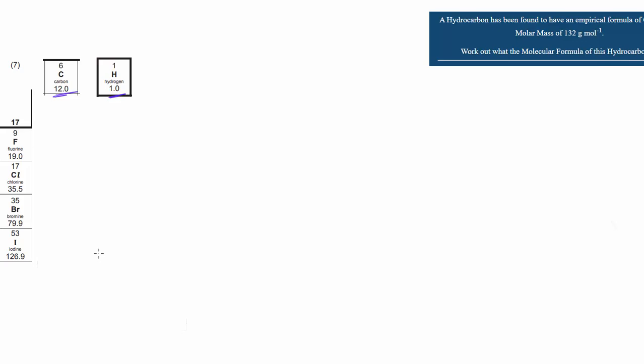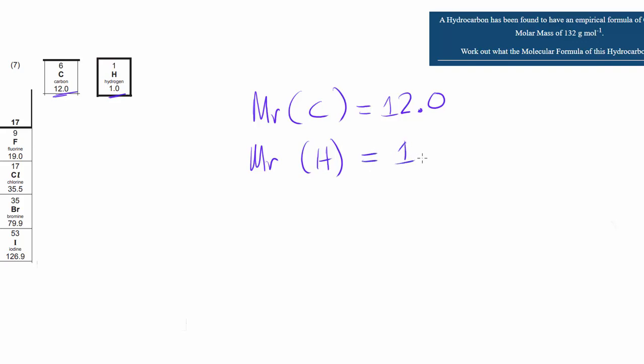For the purposes of this, these are effectively the same as the molar masses. The molar mass of carbon, as we got from the relative atomic mass, is 12.0, and the molar mass of hydrogen is 1.0, right?